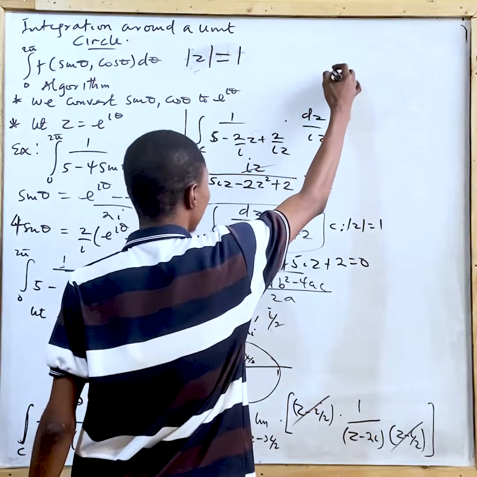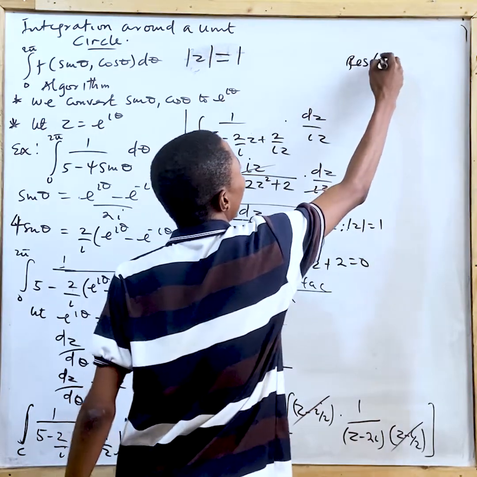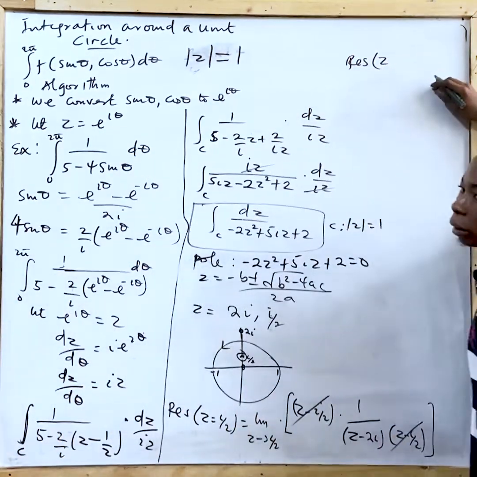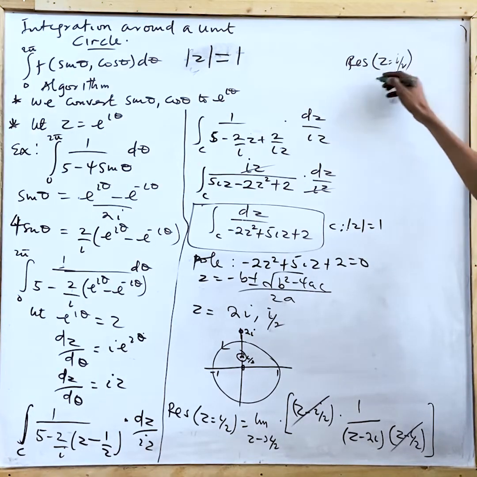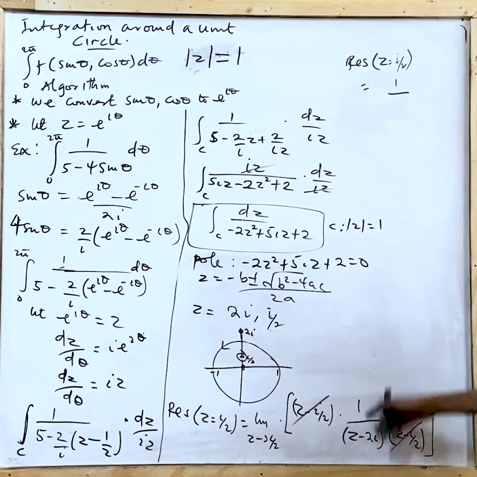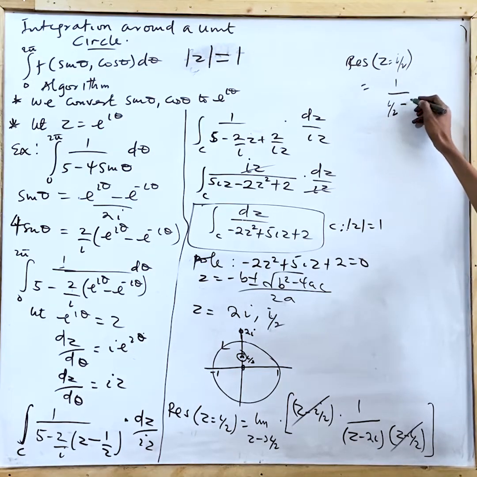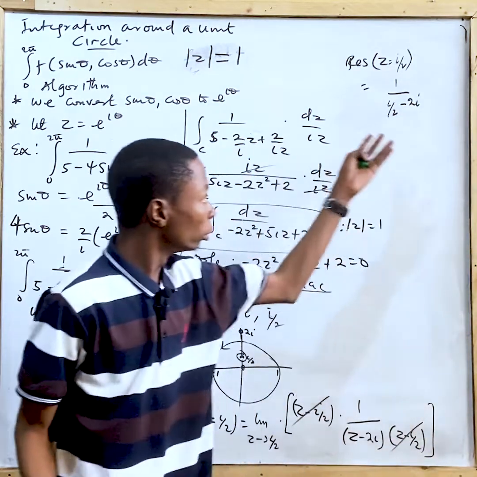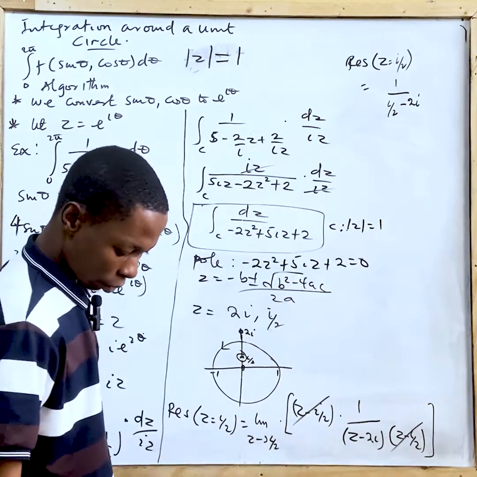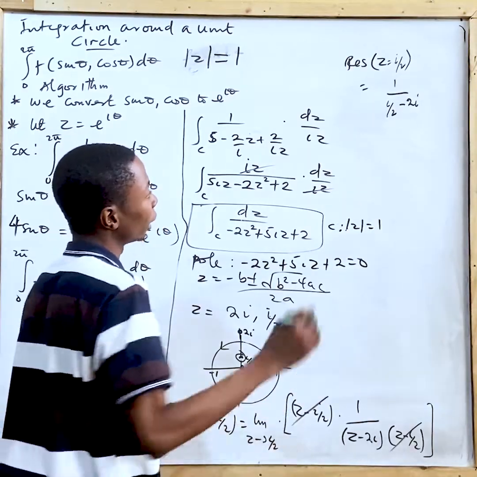So our answer will be the residue at z approaches i over 2. It will be 1 over, if I put i over 2 here now, i over 2 minus 2i. Here you can use your calculator or just do it and rationalize. So the residue will be 1 over 3i.